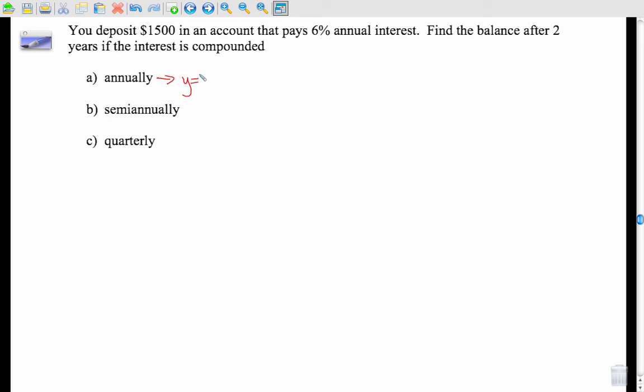So I'm going to go back above and I'm going to use my formula. Y equals A, well, this is your starting value. I guess up above they called it P, but we're just going to call it your starting value, which is 1,500, times 1 plus, your percentage as a decimal is 0.06, over n, which is how many times you do it per year, or if it's annually, it's once a year, to the, they want after 2 years, and again, annually is once a year, so you go 2 times 1.